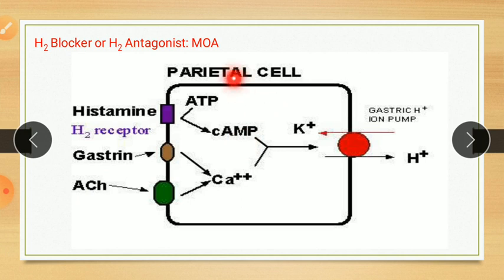Especially this cyclic AMP pathway is inhibited by prostaglandin E. Prostaglandin E is a chemical in our body that has a cytoprotective effect. Cytoprotective effect means it decreases H plus ion and increases the secretion of bicarbonate, which neutralizes the acid.